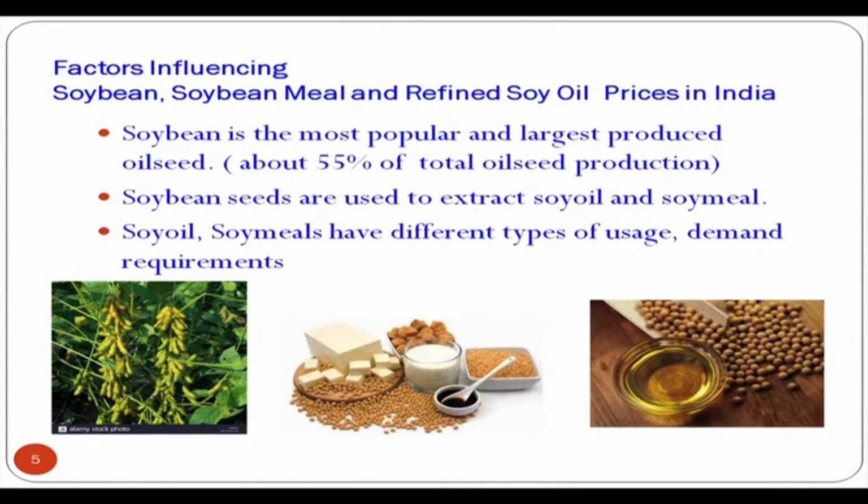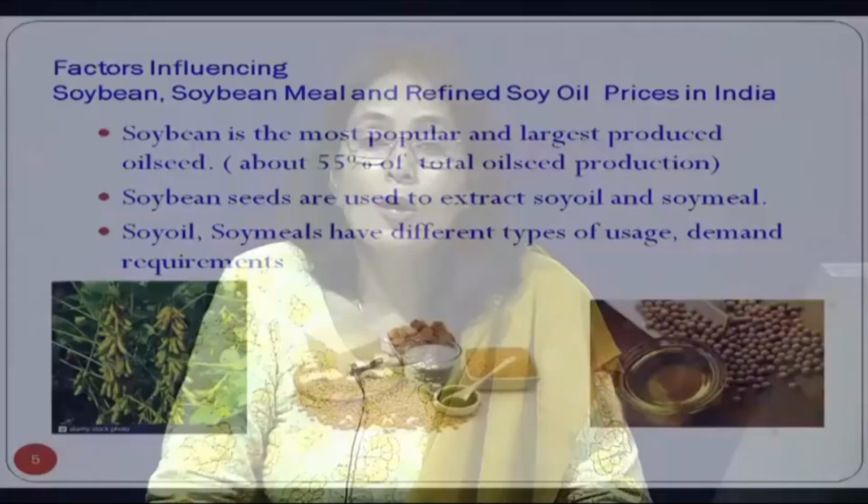Even if these three commodities are interrelated, two being derived from the other, the prices of these three commodities do not move in a synchronized manner. The time has come, so I would like to wind up this session at this point.